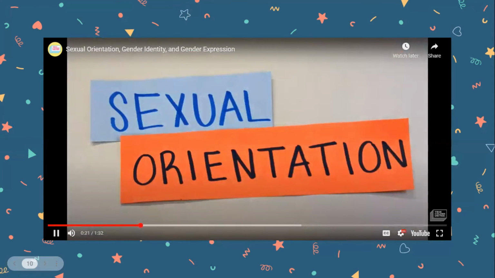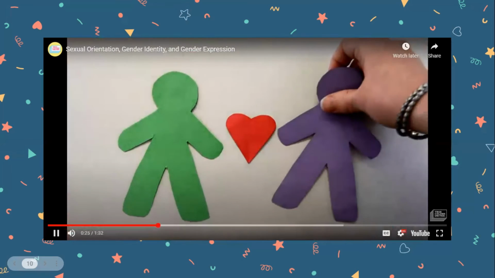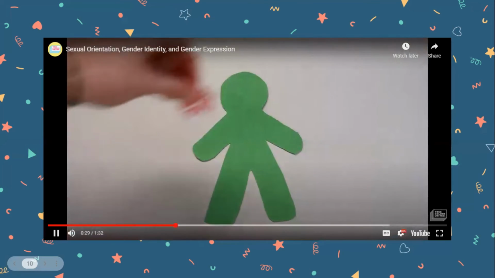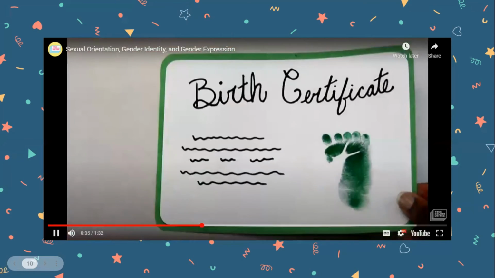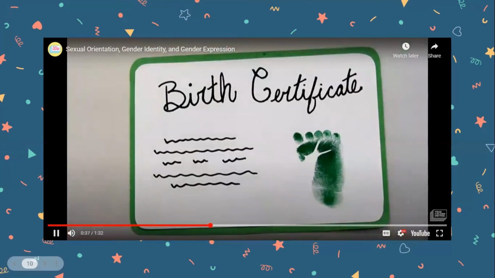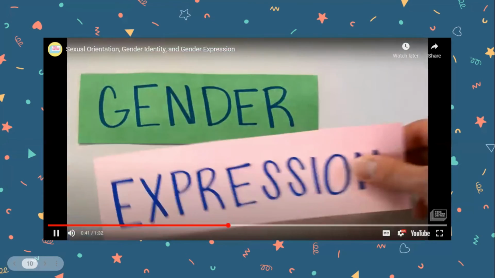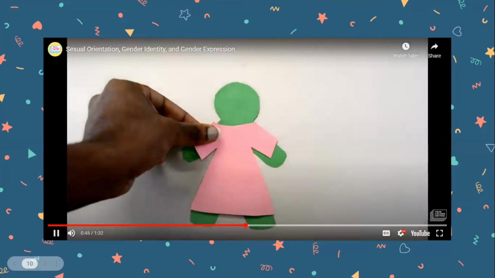Sexual orientation describes an individual's emotional and/or physical attraction to another person or people. Gender identity refers to a person's innate identification as a man, woman, neither, both, or some other gender. A person's gender may or may not correspond to the sex assigned to them at birth. While gender identity is someone's understanding of their own gender, gender expression refers to the way that a person communicates their gender to the world.